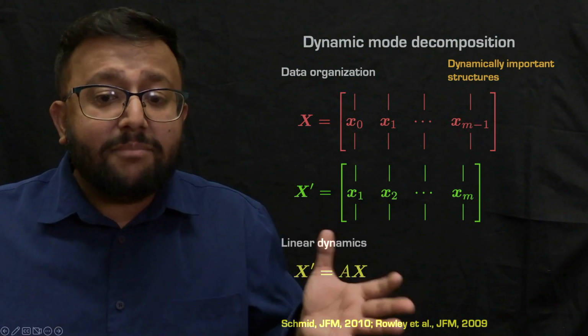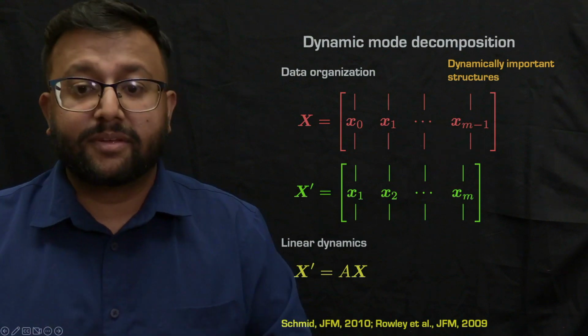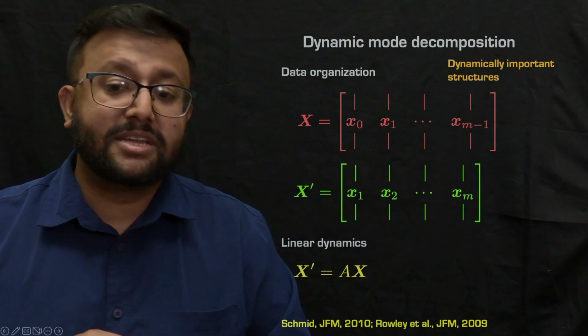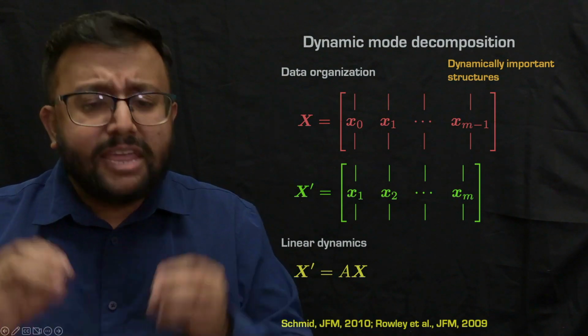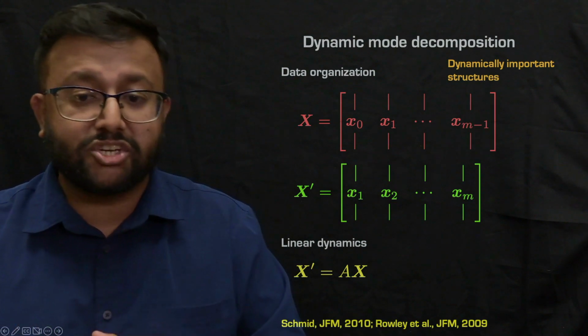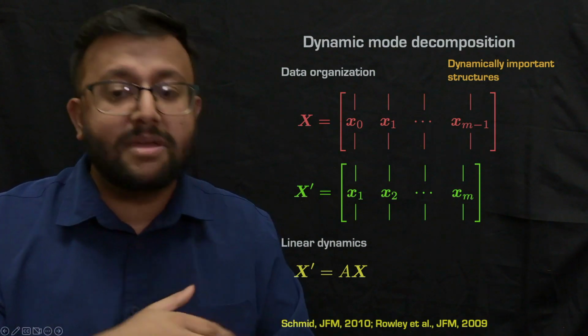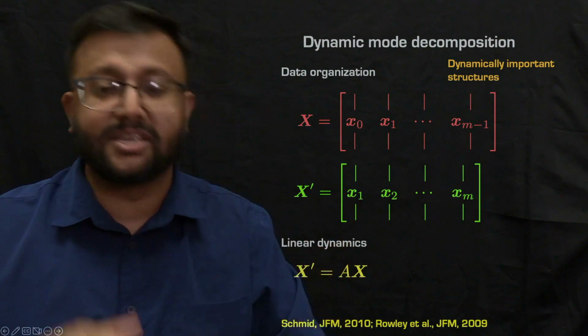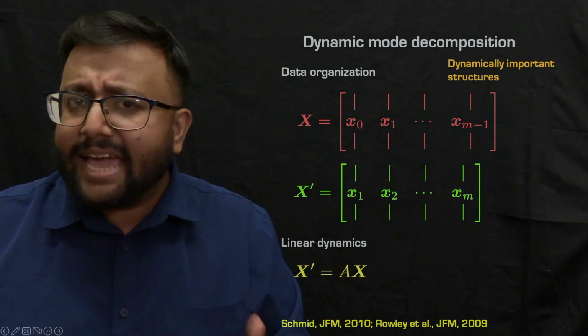So once the data matrices are organized, what does DMD give us? DMD gives us a really nice linear relationship between X prime and X, this time-shifted X and X. How do we get this A?